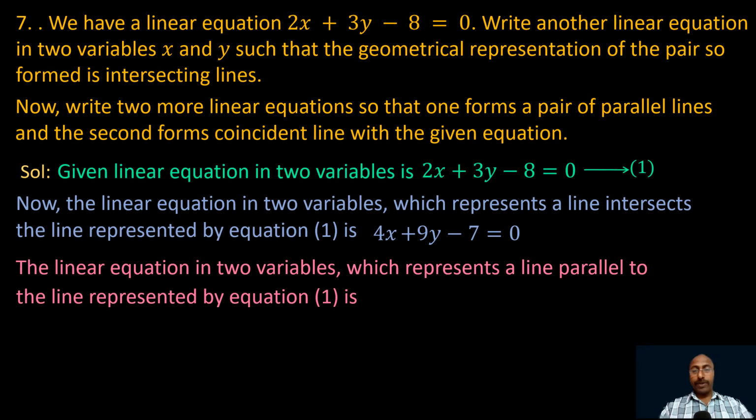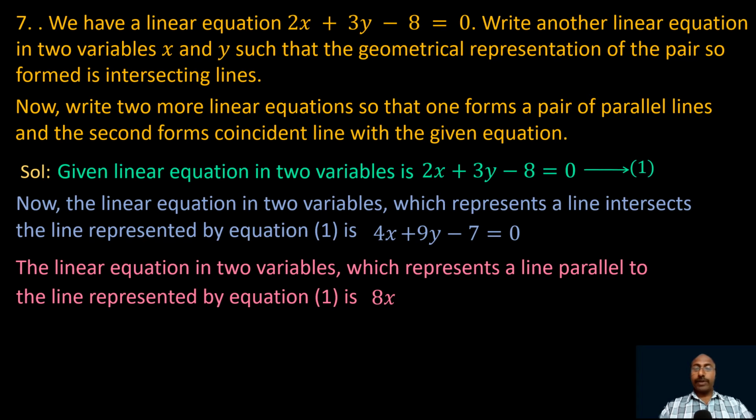So if we take the first term, that is the coefficient of x as 8, that is I am multiplying the coefficient of x by 4, and then we need to multiply the coefficient of y also by 4, because a1 by a2 is equal to b1 by b2 but not equal to c1 by c2.